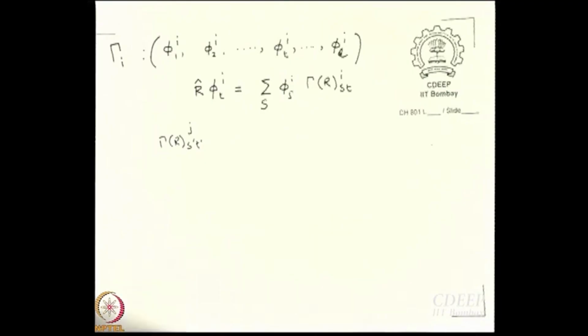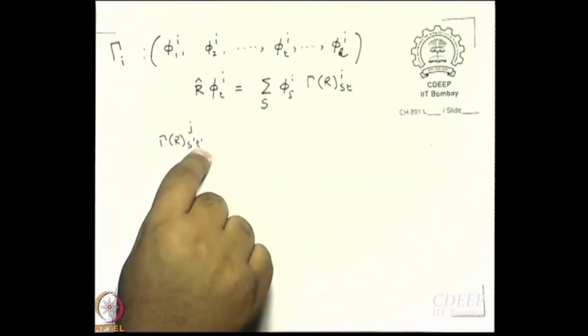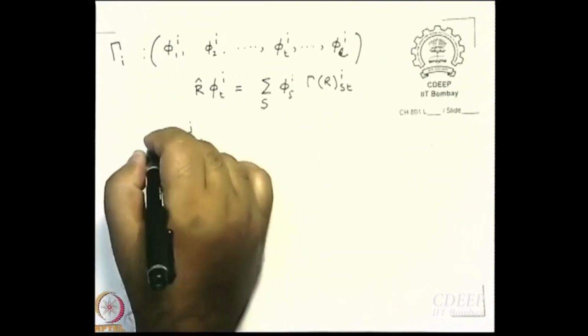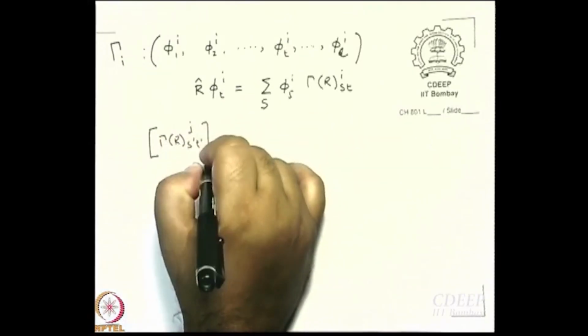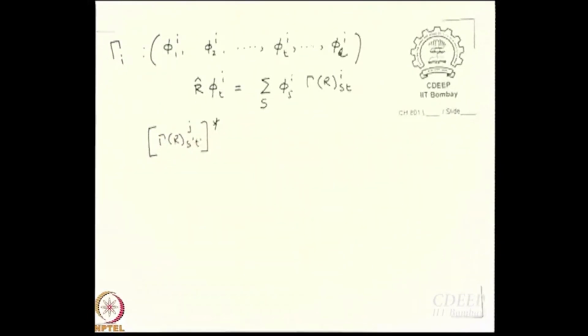These are not general indices, these are specific indices. And to make it more fun, I am going to put a star on it, because this is what will help us construct the projection operator. So we should give it due credit and put a star, while not forgetting the star means complex conjugate. But most of the time we are not going to use the star, as you will see.